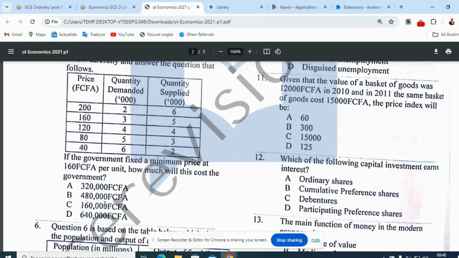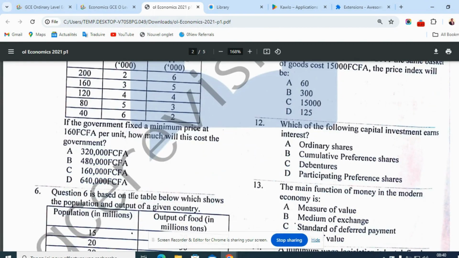So if your government is fixing price at this unit, that's what it's saying, right? It says how much will it cost the government? So the answer here is A, 320,000 francs. That is what will actually cost the government. So it's 320,000 francs.